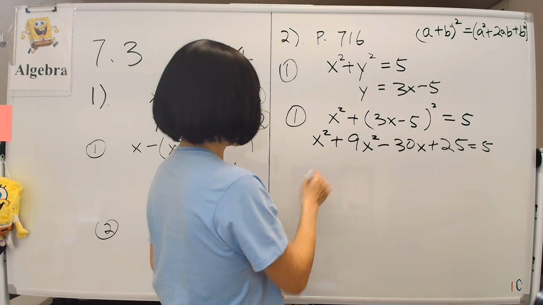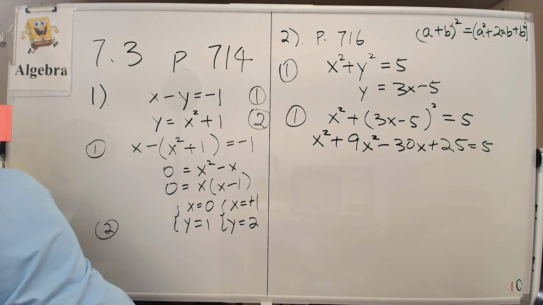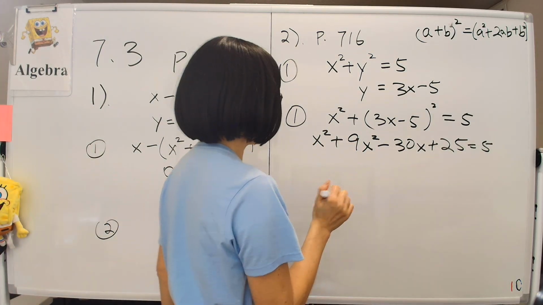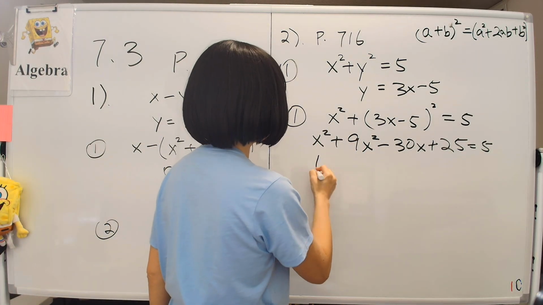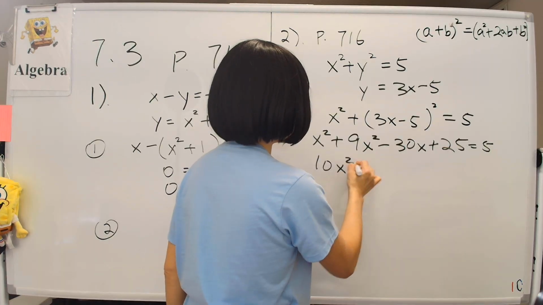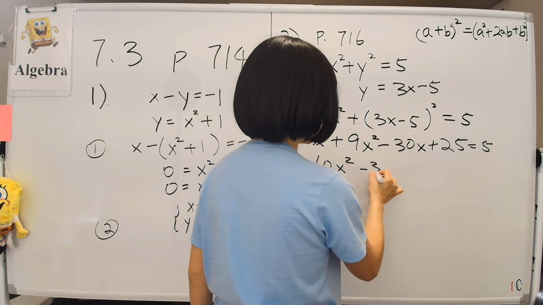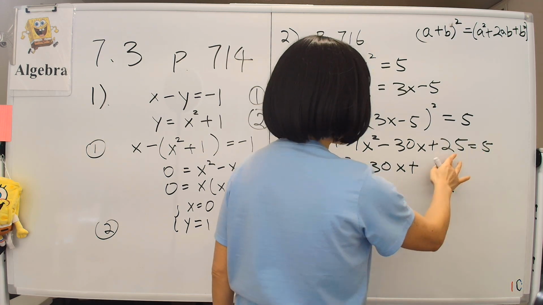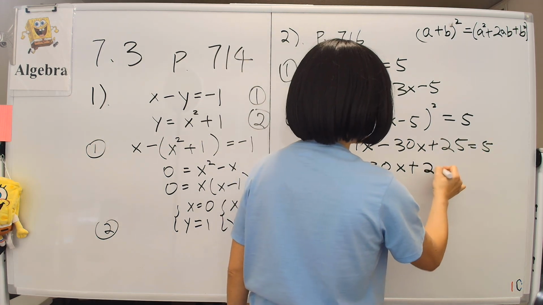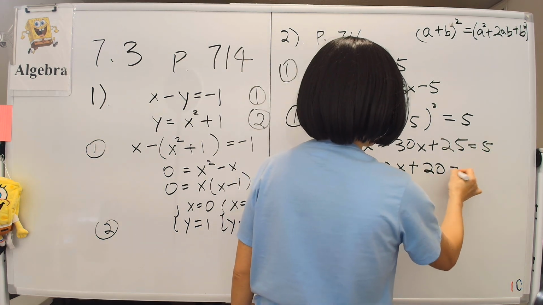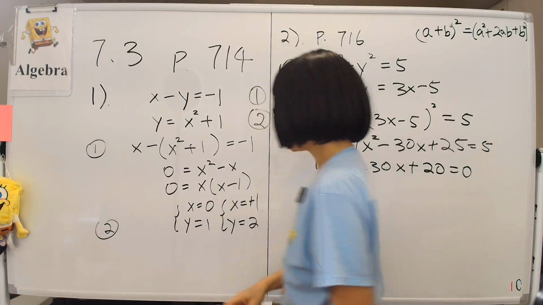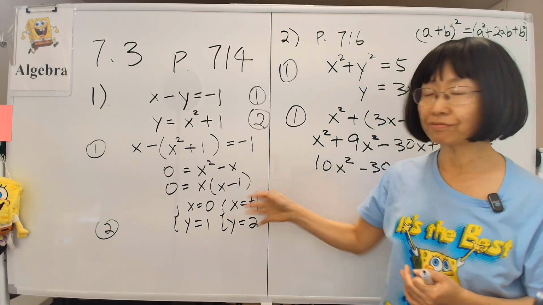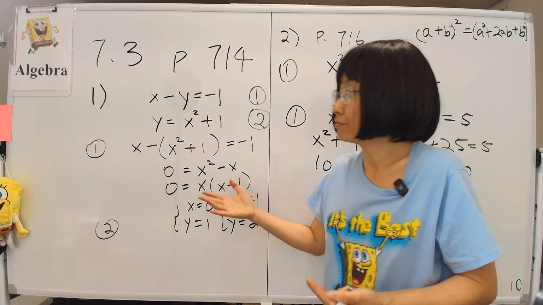So next let's sum up this stuff. So we have 10x squared minus 30x plus 25, and move this back here, that becomes 20, right? 25 plus minus 5. And by the way, I forgot to mention that in problem 1, the book went about it a different way than I did, and that doesn't matter.